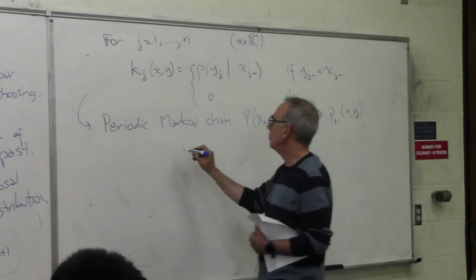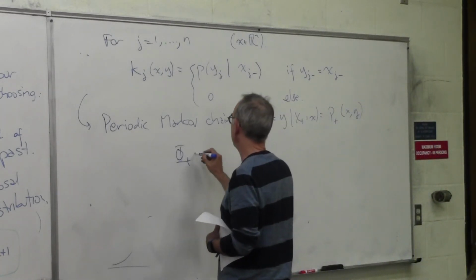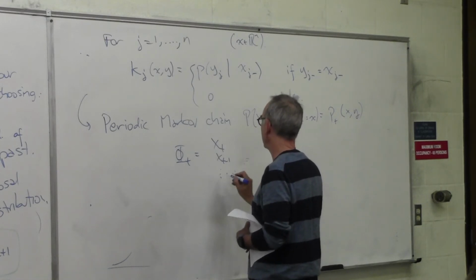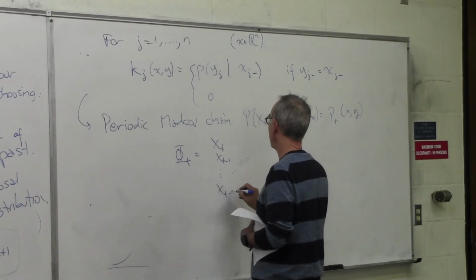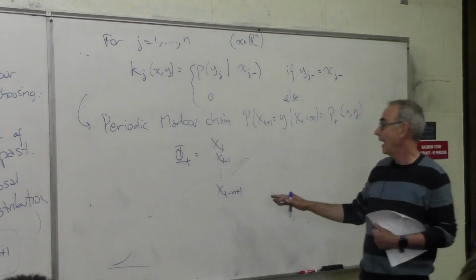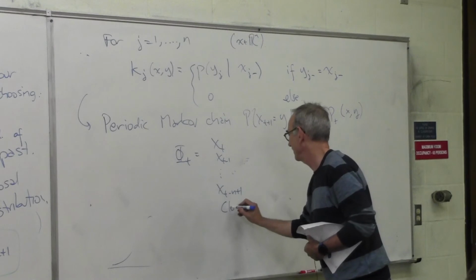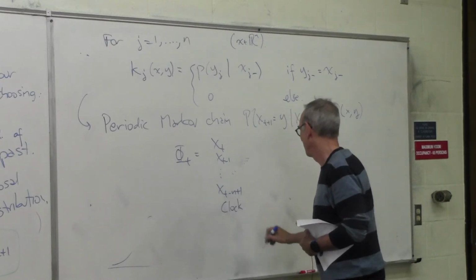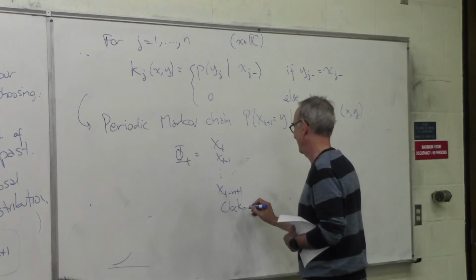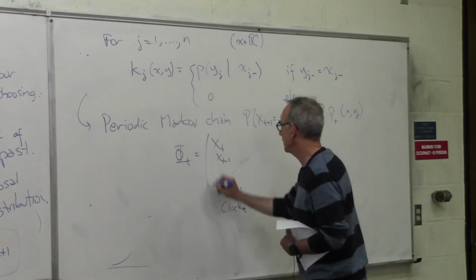So if you define a new process, which is, say, phi t is xt minus 1, up to xt minus n plus 1, you look at the history over n samples, and a clock. You've all seen clocks.